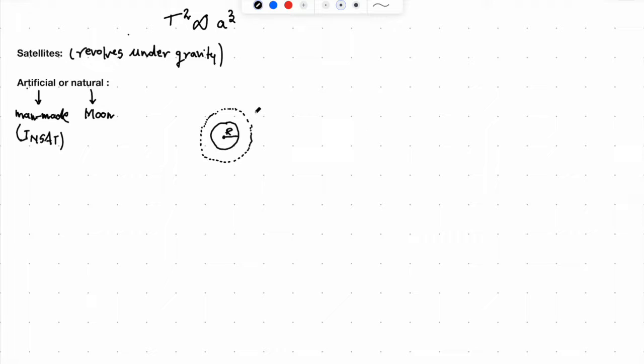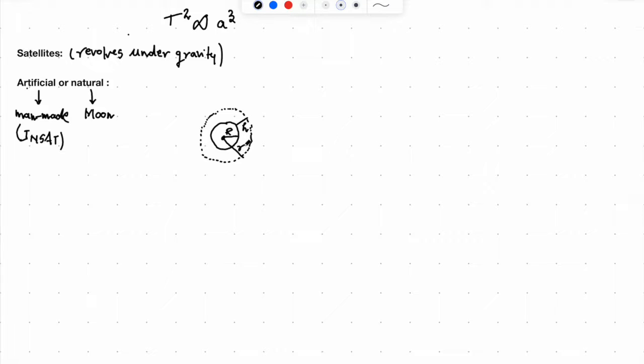So this is the radius of the Earth, and let's say the height at which the satellite is revolving from the Earth is h, and the distance from the center of the Earth to that particular satellite is small r.